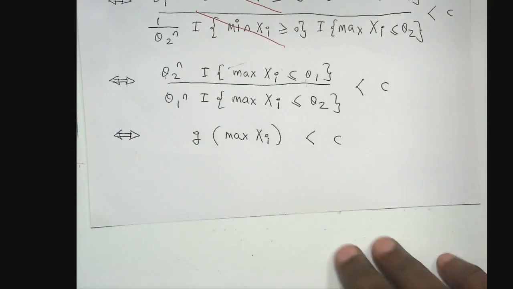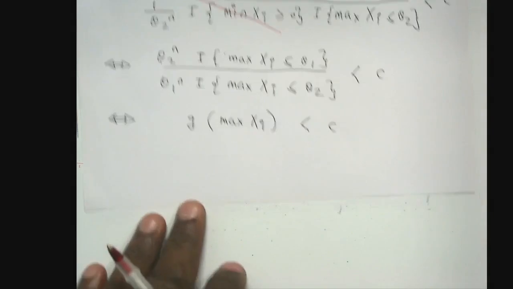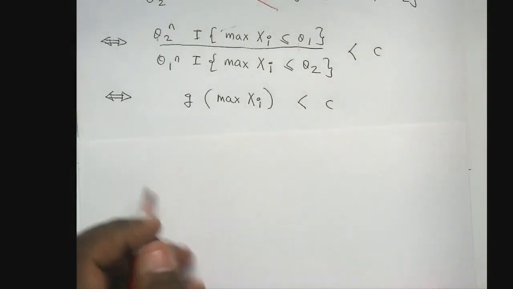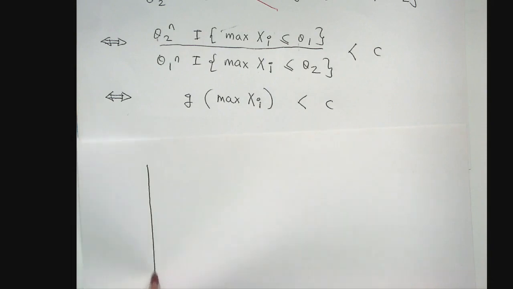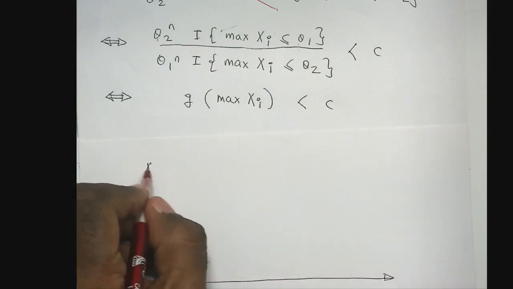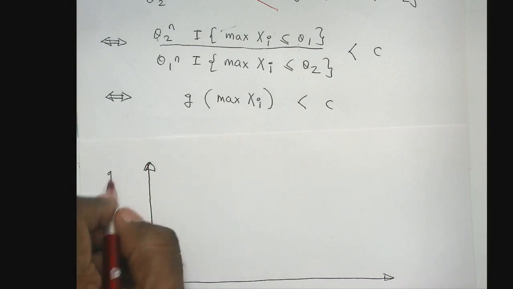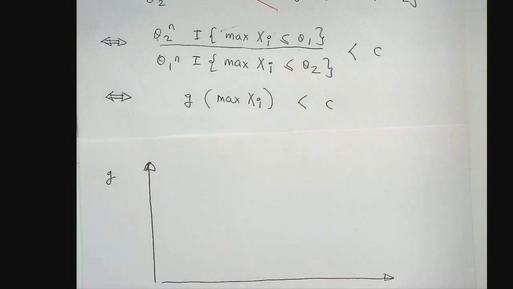Now the next thing I'm going to do, hopefully you can see this, guys, is draw a graph. On the y-axis of the graph I'm going to have g, and on the x-axis I'm going to have the max of Xi.